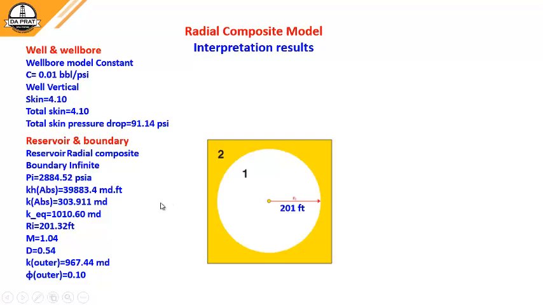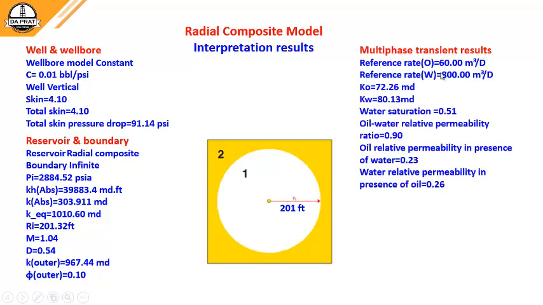In the previous model, we know it's at 200 feet, there is a leaky fault. So the mobility is not very close to 1, diffusivity 0.5. And here are the multi-phase transient results, effective permeability for oil and for water, at this water saturation.